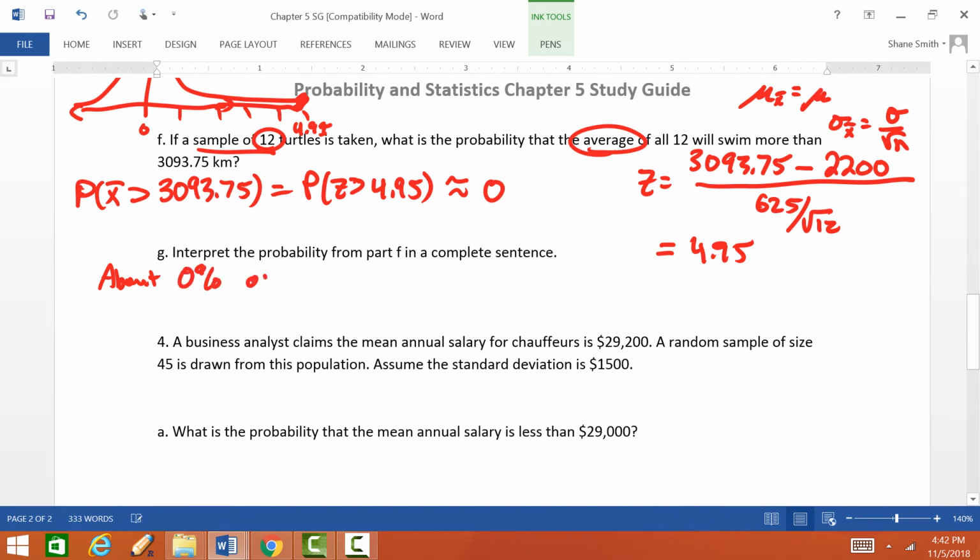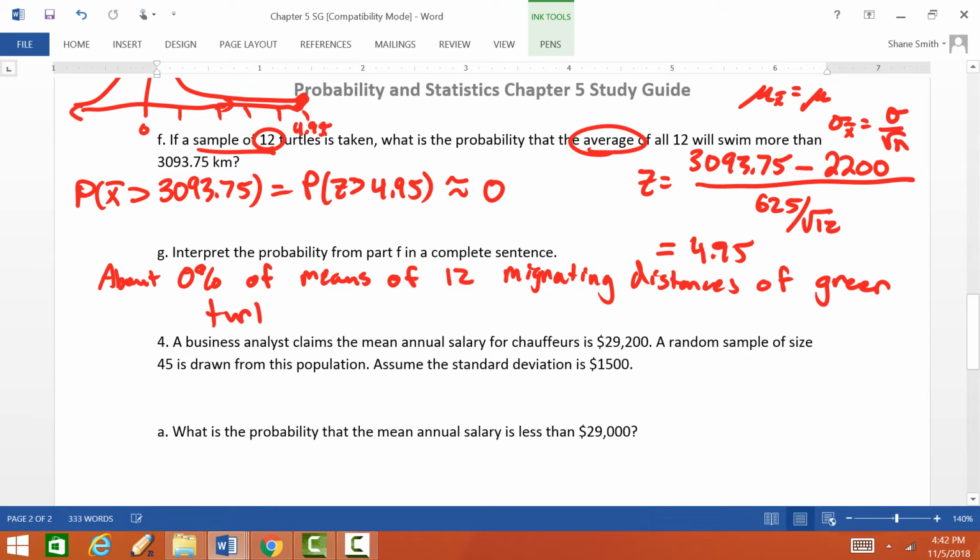So about 0% of means of 12 migrating distances of green turtles is greater than 3,093.75 kilometers.